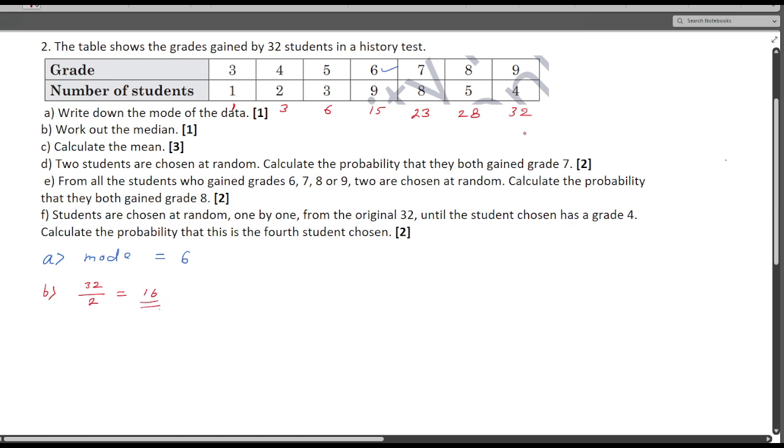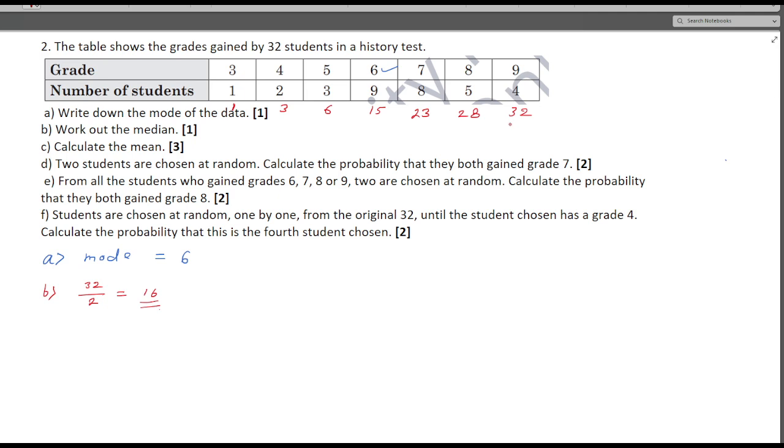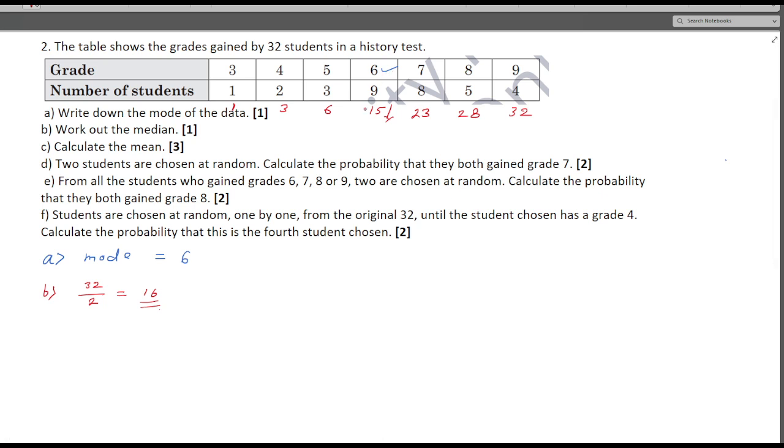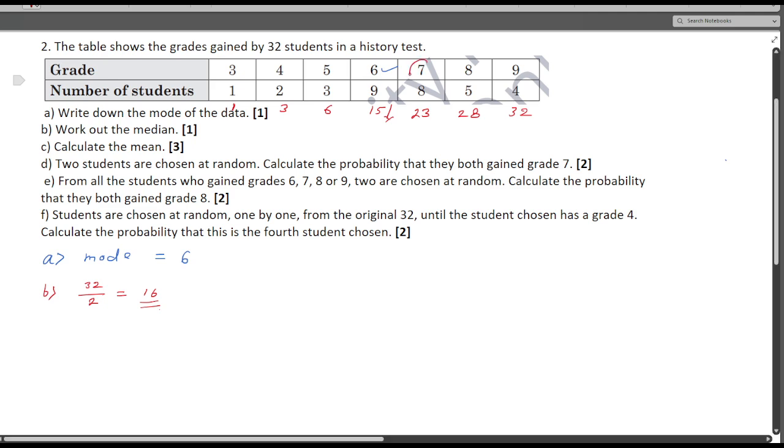So at the 16th position and at the 17th position I will see what number we have. Till the 15th position the number is going to be 6. Then after that 16, 17, 18, all those numbers are going to be 7. So if you are asking me the median, I will say that median is equal to 7.